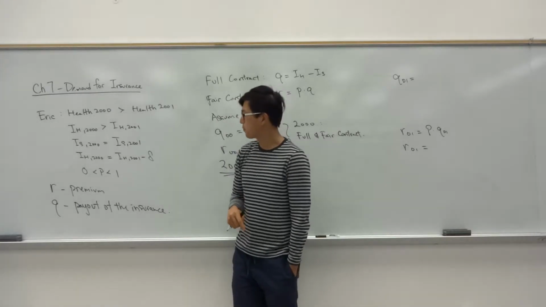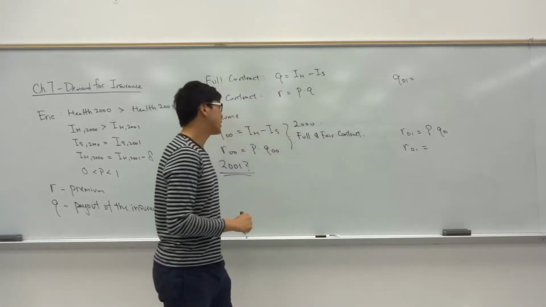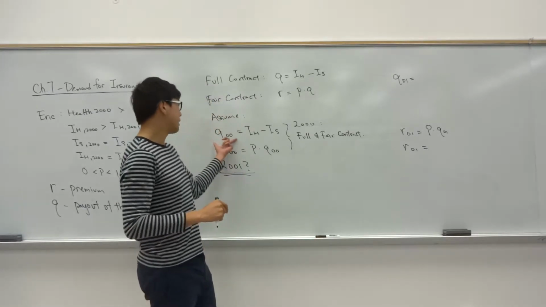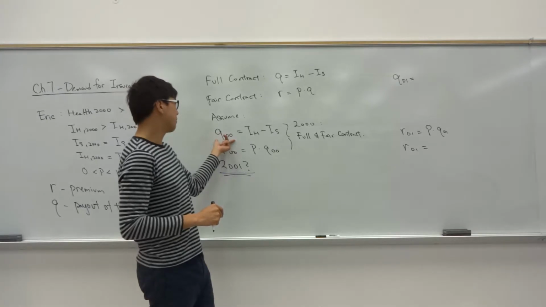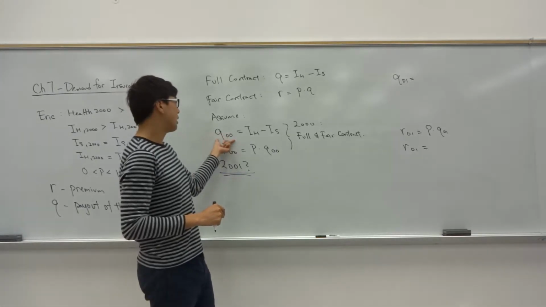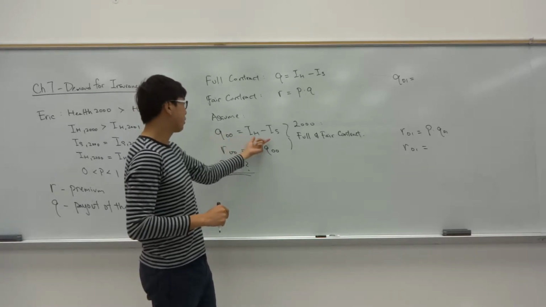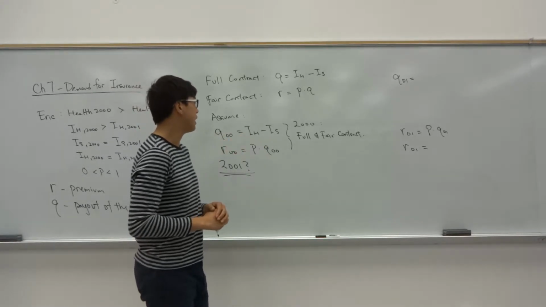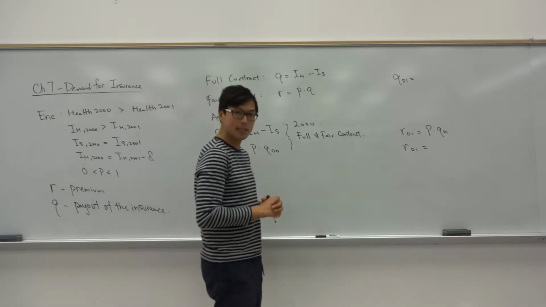Well, let's take a look at the derivations here. Suppose Eric is getting a fair or full contract where the payout in 2000 is equal to the difference between the healthy income and the sick income in the year 2000. We can rewrite that.